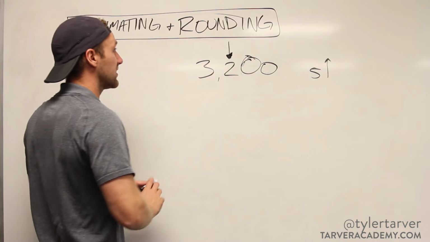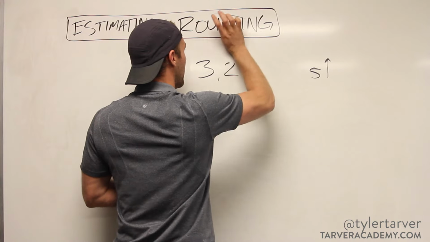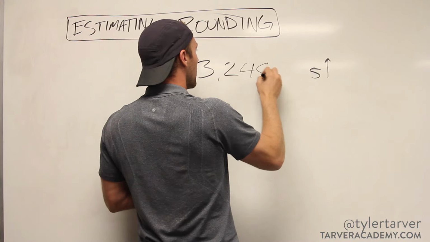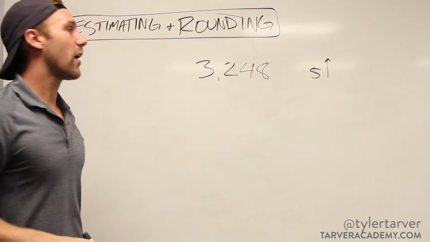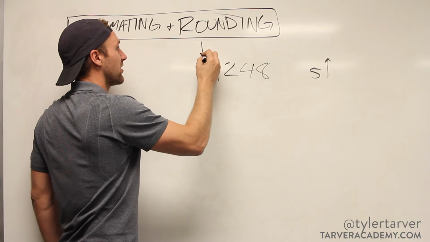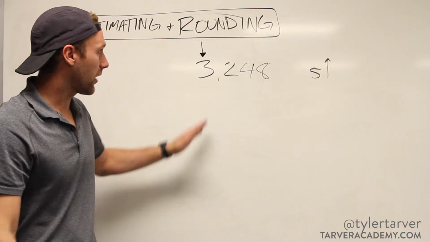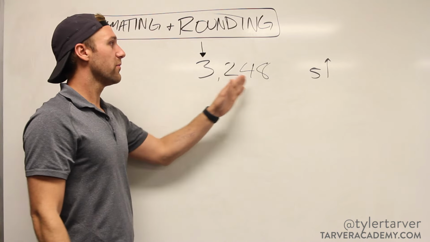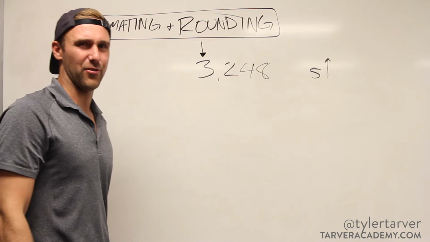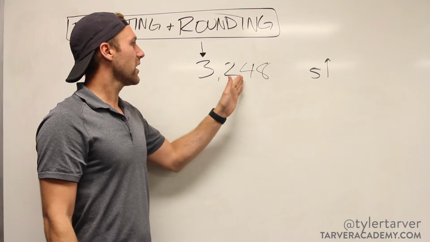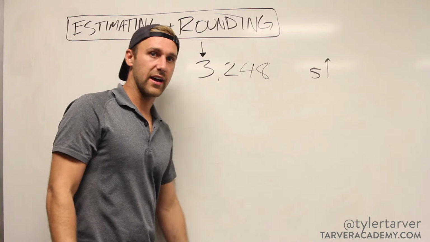Do y'all want to move on to the 1,000? I think you do. Okay? So we want to round to the nearest 1,000 part. So we're looking at that 3. 248 is behind that 3,000 spot.